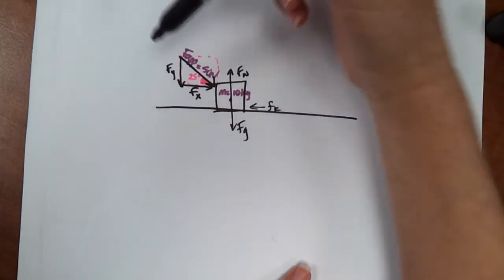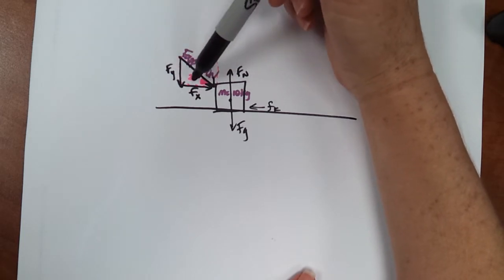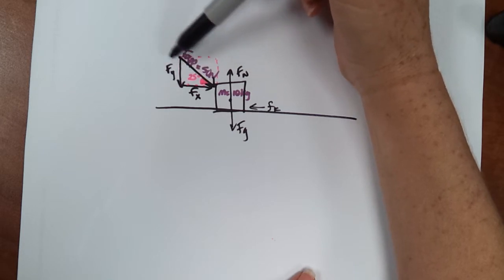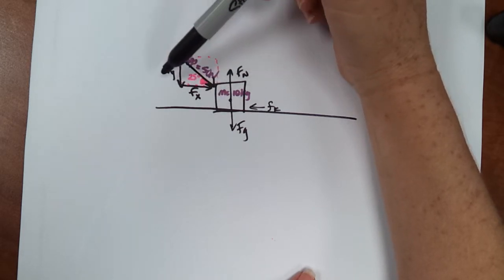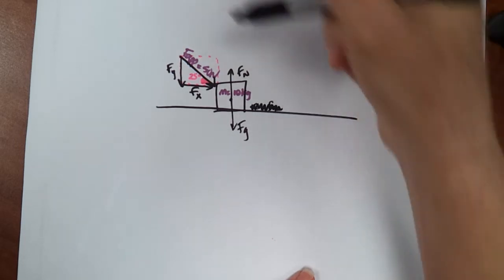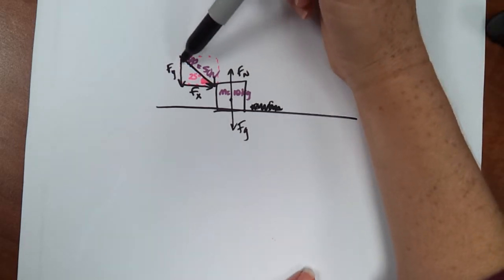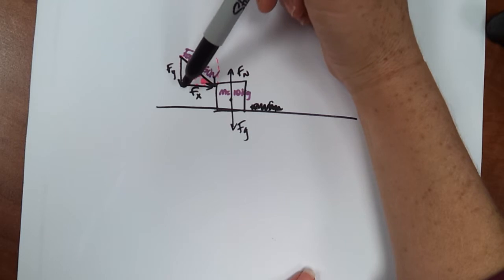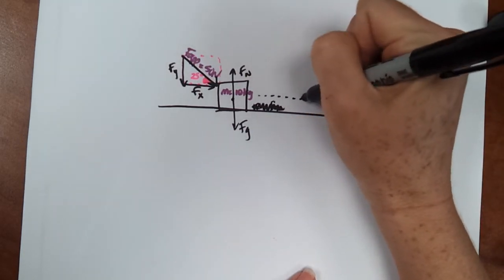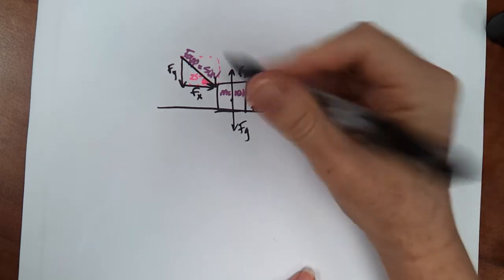Now I need to determine what is causing the motion of this object, right? So is it Fy or is it Fx? And let's make it simple. We'll deal with friction later. We'll just cut that out of the problem for now. Fy is not causing this. Fx is causing it to move in this pathway. So I'm going to deal with Fx.